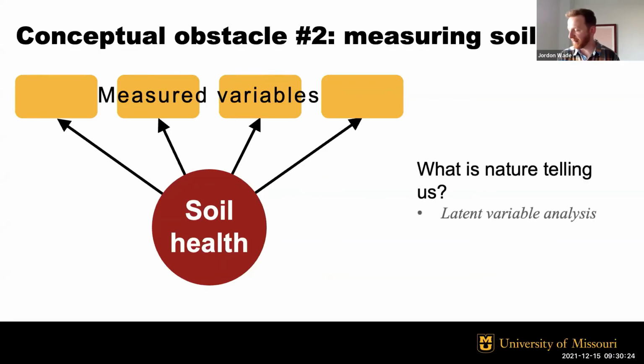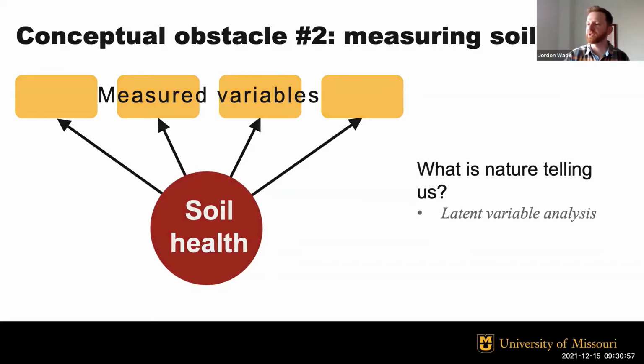So the real thing that we're trying to get at here is, what is nature telling us, not deciding what nature and what your field should look like. So this is an approach called latent variable analysis. And what it does is it really flips the arrows here, if you will, and it says soil health is out there, it's something that's underlying, and we need to use these measurements to approximate that without deciding which measurement is more or less important.